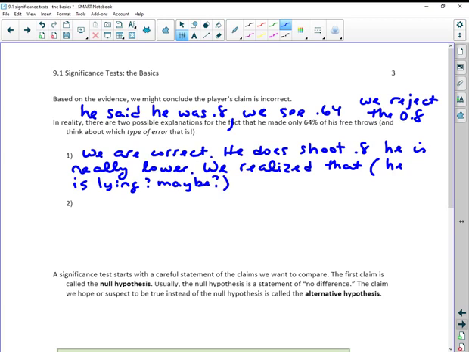But what's the other thing that could have happened? Well, we rejected him. We thought he was down here and we rejected him, but maybe he really is part of this 0.8 group of players, and he was having a bad day.